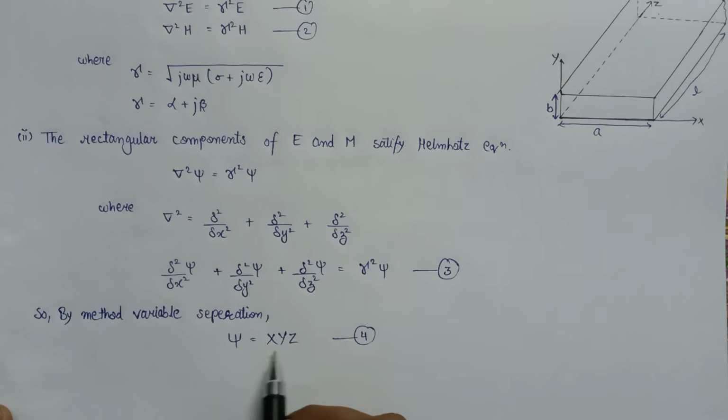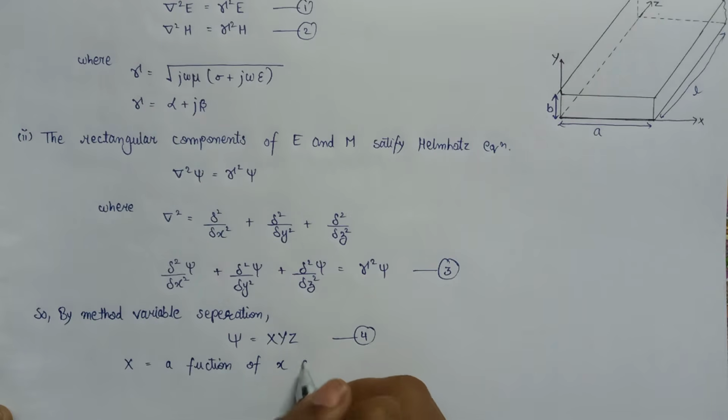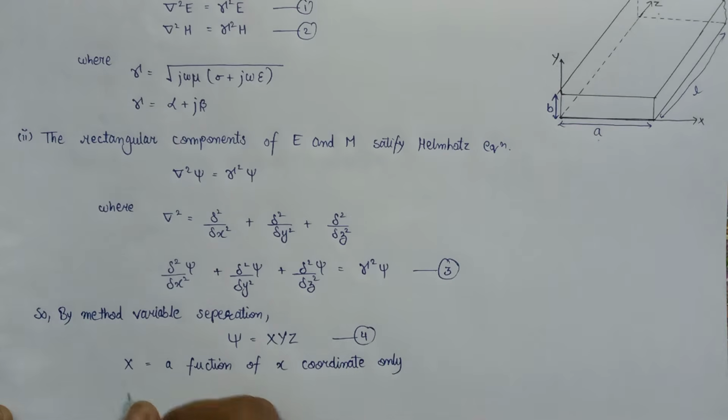If we talk about this capital X, then we can say that this capital X is a function of the small x coordinate only. This capital Y is also a function of the small y coordinate only.